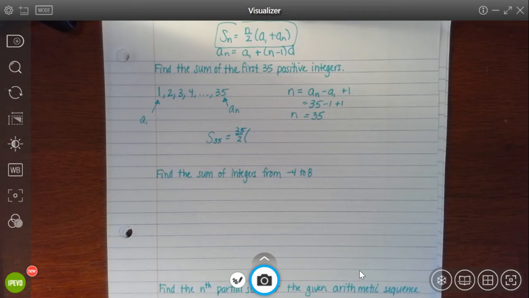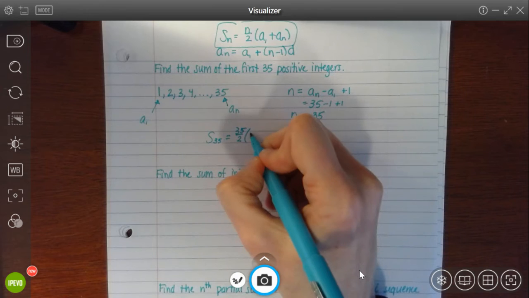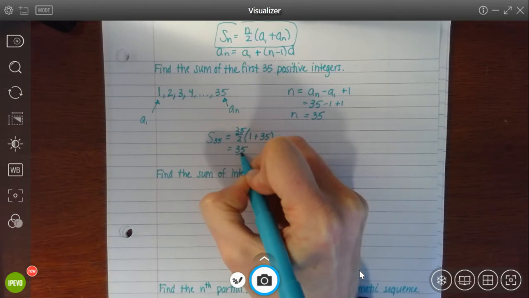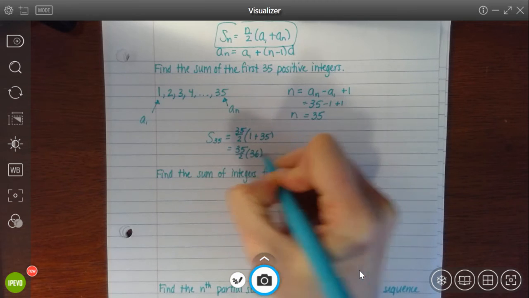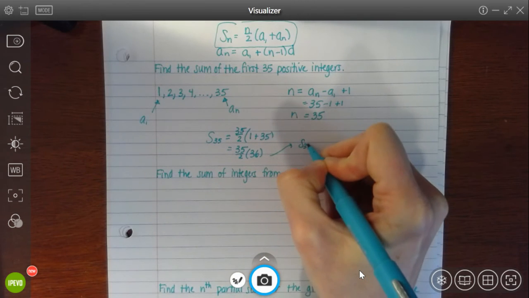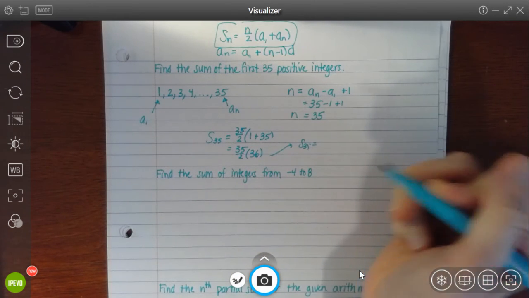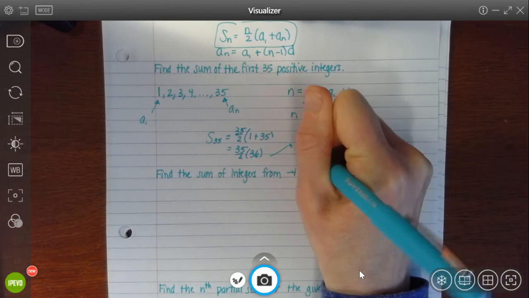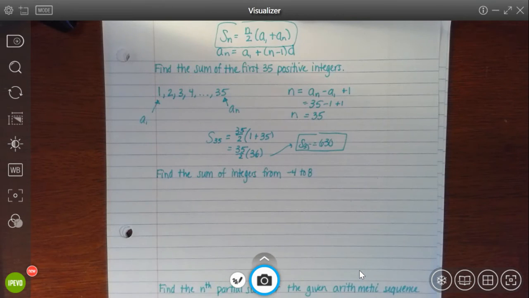So my first and my last number, so in this case, 1 plus 35. That's going to give me 35 divided by 2 multiplied by 36. And so if you go off to your calculator and do the math, you're going to find out that this gives you a total of 630.